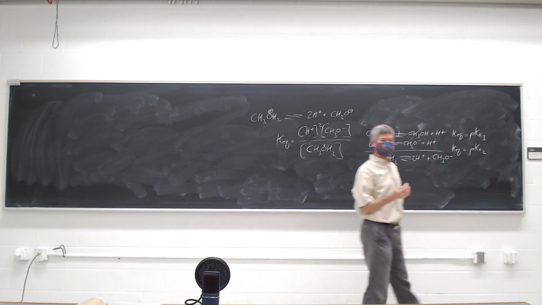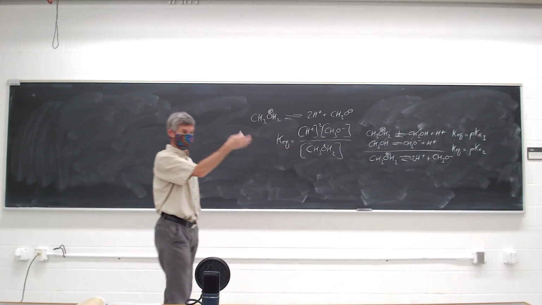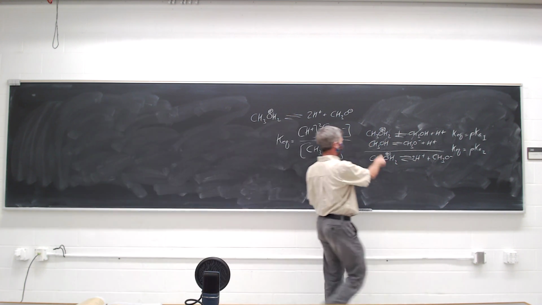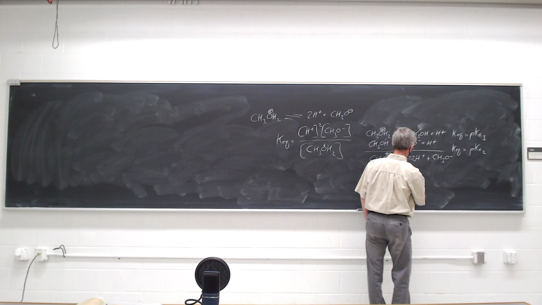I'm just going to write them as pKa1 and pKa2 so I don't have to write the species name out. So if you add those two reactions together, what's the equilibrium constant for this?